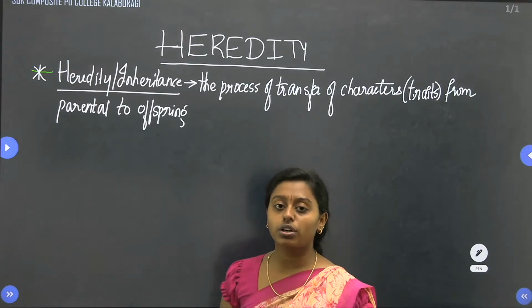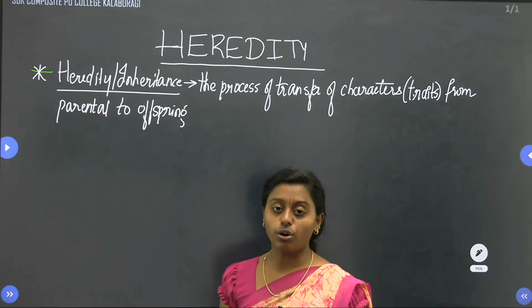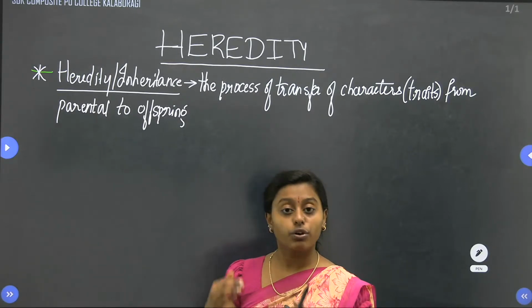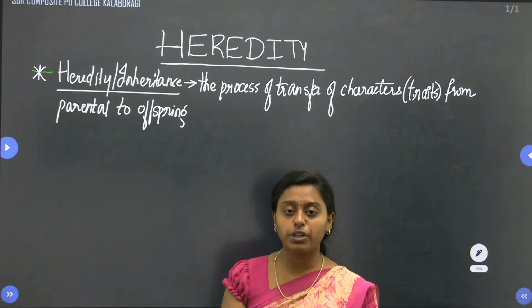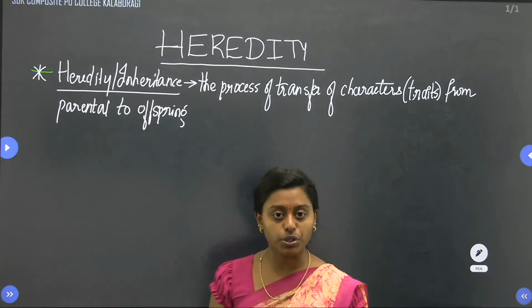So this is what is termed as heredity. Appearance of skin color or nature of the hair from parent to the offspring is one type of heredity that we can observe.